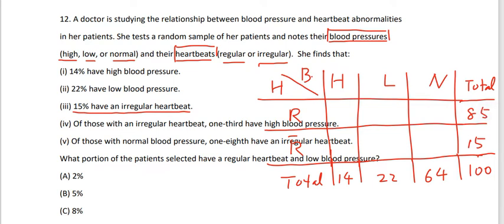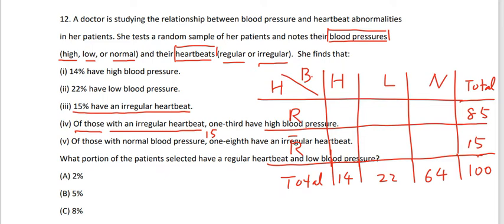To fill out these tables, we need more information. Of those with irregular heartbeat, the 15 people, 1/3 have high blood pressure.